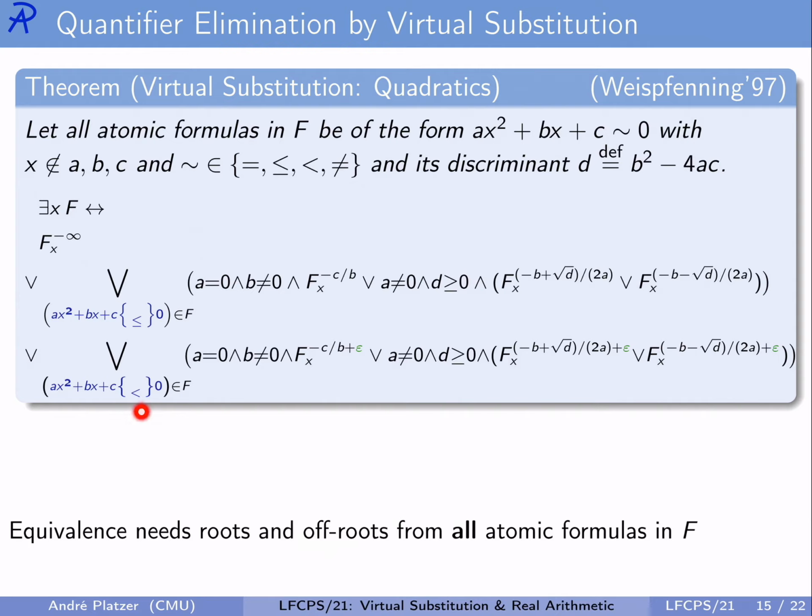Now for strict inequalities, we can't do that, but we plug in off roots. We plug in a point that's an infinitesimal way from the linear solution, and we plug in points that are an infinitesimal way from the positive and negative square roots. Again, virtually next to the expressions. And the equivalence really needs the roots and off roots from all of the atomic formulas you find in f. Now, what do we do with equations and disequalities?